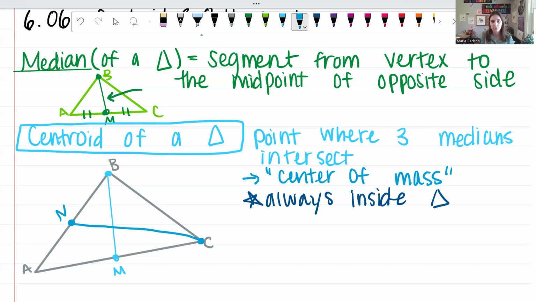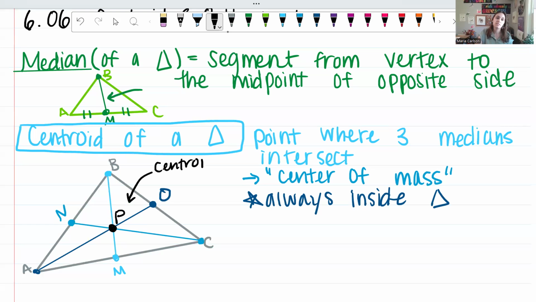Now the intersection here is the centroid, but let's find the final median from vertex A to BC, and the midpoint looks like right there. This can be point O. So these three medians all intersect at this common point P, which is our centroid.